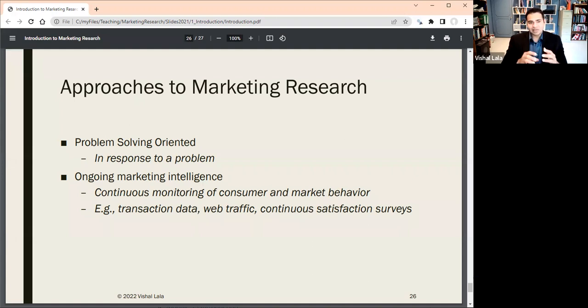We're going to, in this class, look at both kinds of research. I will be looking at the problem-solving oriented approach for structure, but bear in mind, most firms will be doing marketing research on an ongoing basis.